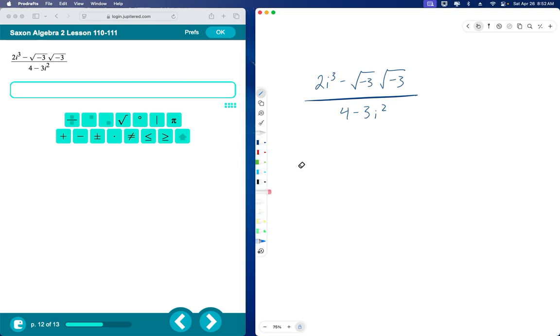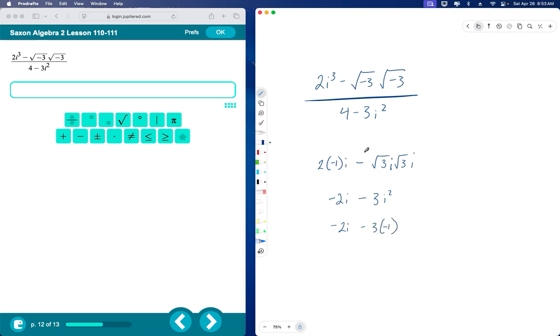So 2 times -1 times i, and then if I take the negative out of here, I get square root of 3 times square root of 3, and then I get an i here and an i here, which is going to be -2i, and then i squared. Negative square root of 3 times square root of 3 is 3, and then we have an i squared, which we know is a -1.